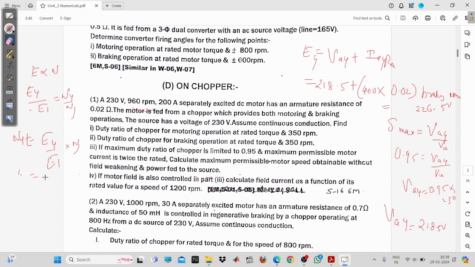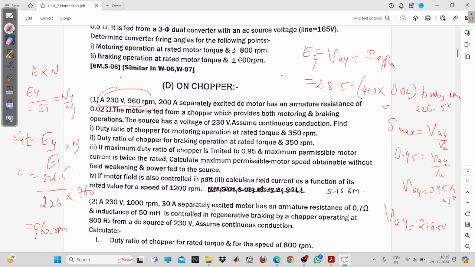E4 is 226.5, E1 is the starting value we calculated in the previous part, 226, into 960. So this is 962 RPM, the maximum speed which can be attained.